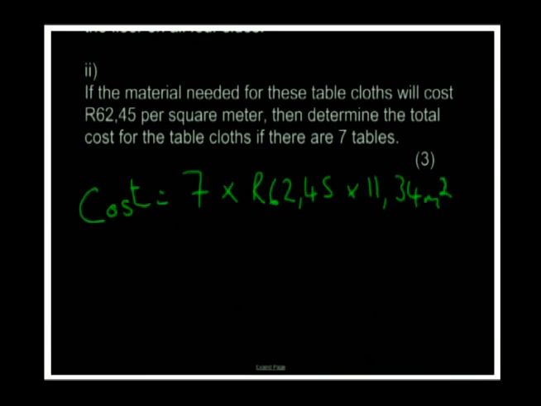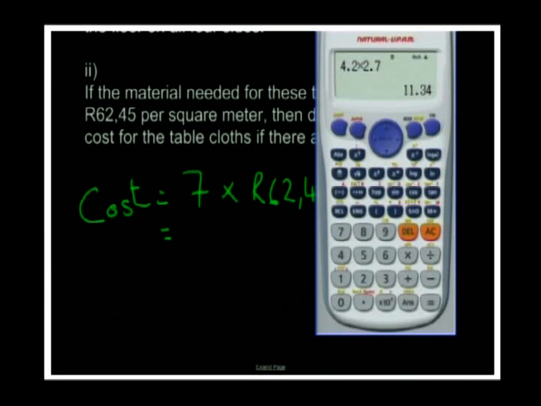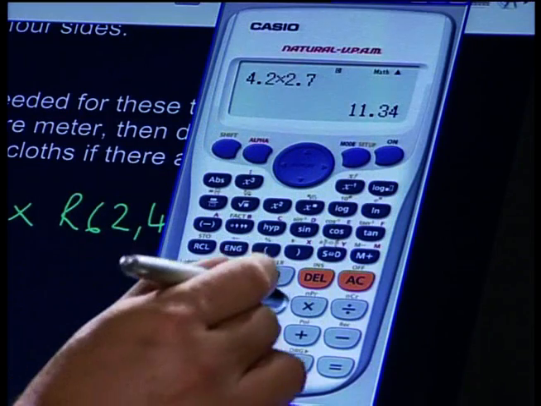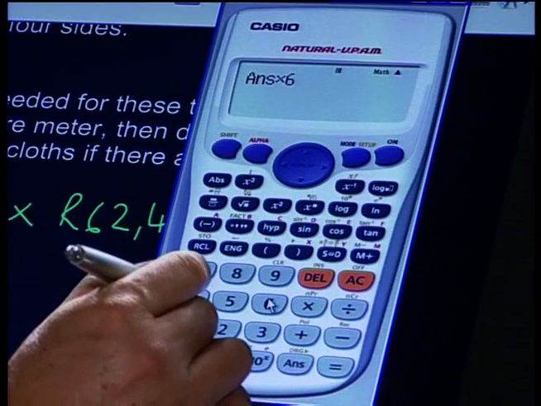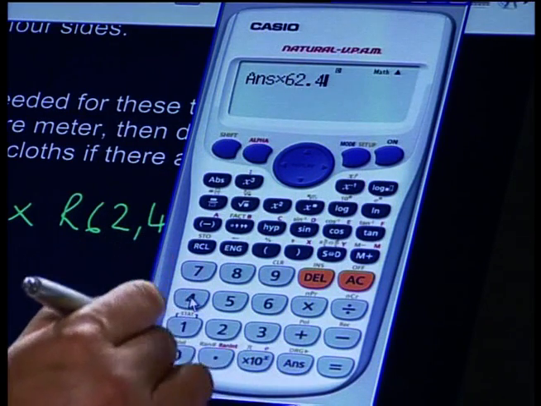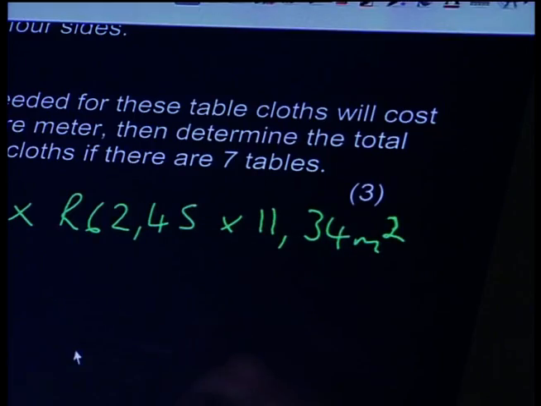Okay, 7 tables. Each table is 11,34 squared meters. Each meter costs 62 Rand 45. So it's 62 Rand 45 times 11,34 meters squared multiplied by my 7 tables. And then we just go ahead and do the maths. So I'm going to clear that. 11,34 multiplied by the 62 Rand 40, was it 45?